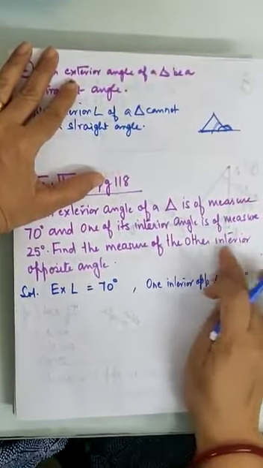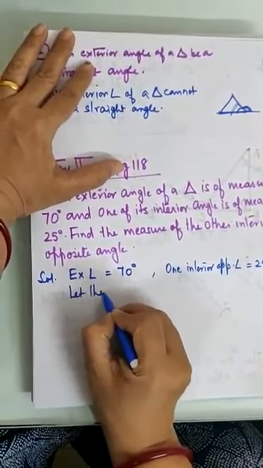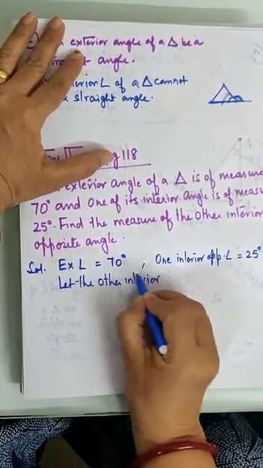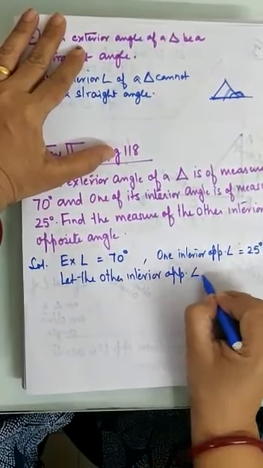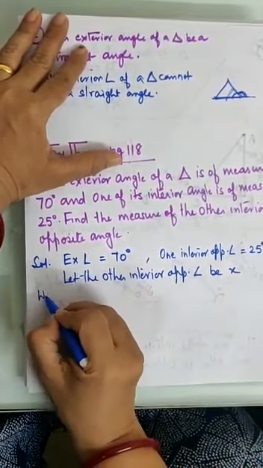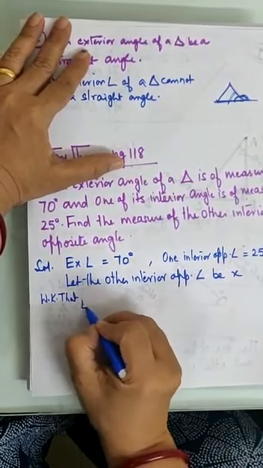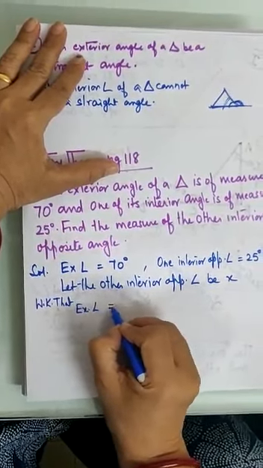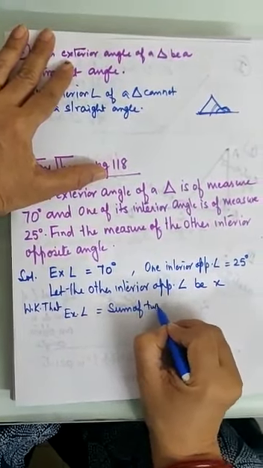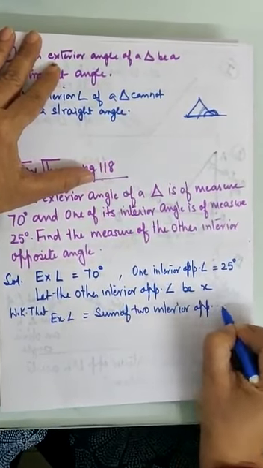We do not know the other interior opposite angle, so we assume let the other interior opposite angle be x. All right, and what do we know? We know that the exterior angle is equal to the sum of two interior opposite angles.